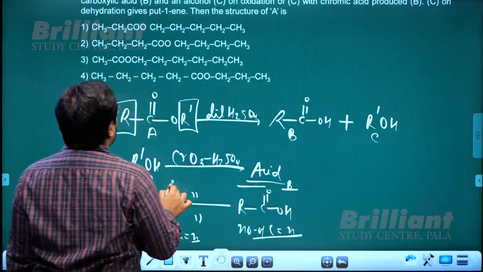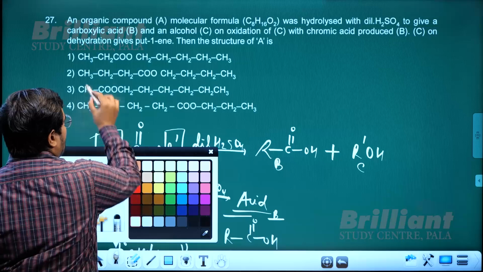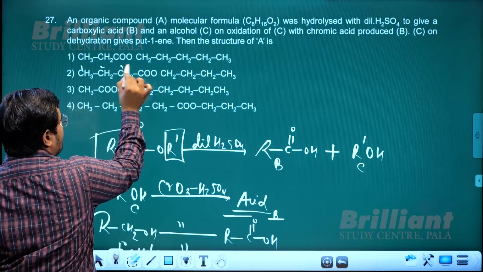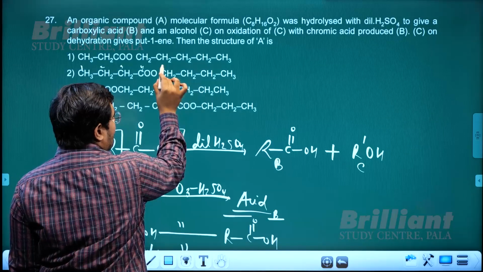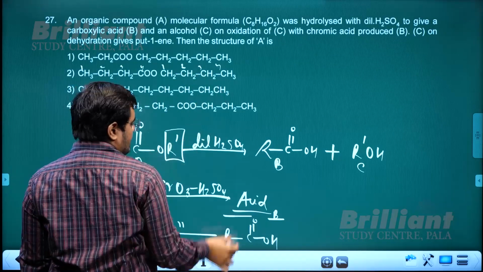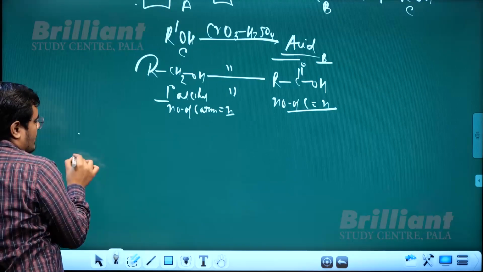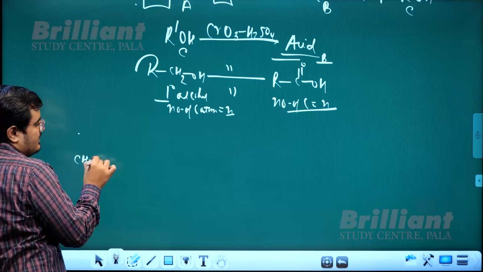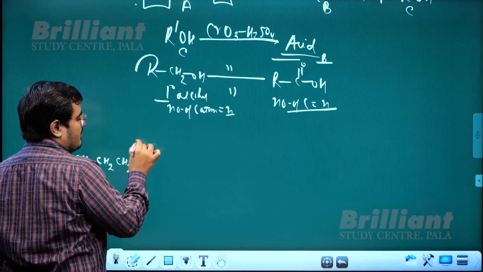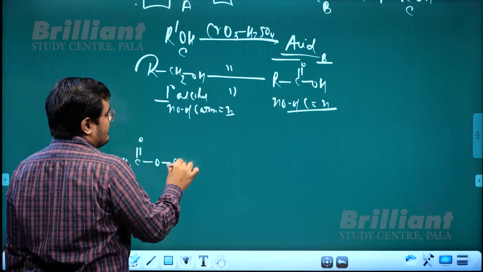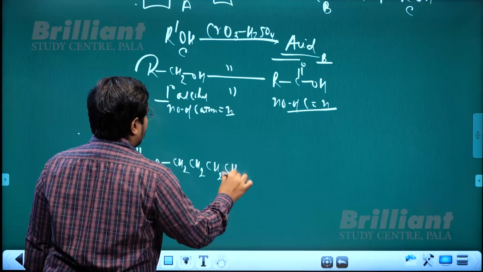Now let me actually show you by taking one which is symmetrical. This is 1, 2, 3, 4. 4 carbons on one side, and the alkoxide part will also have 4 carbons. So if I write the reaction sequence for that, you have an ester CH3, CH2, CH2, C double bond O, O, CH2, CH2, CH2, CH3.